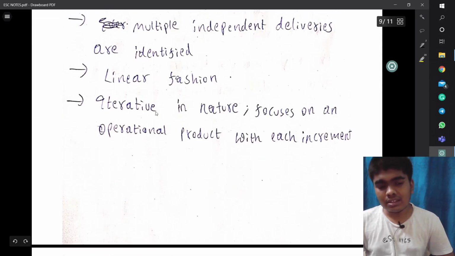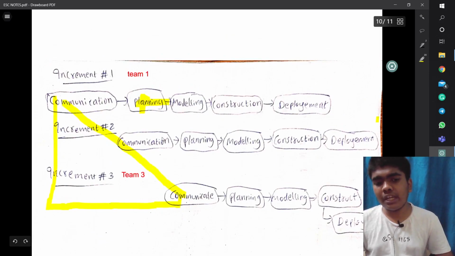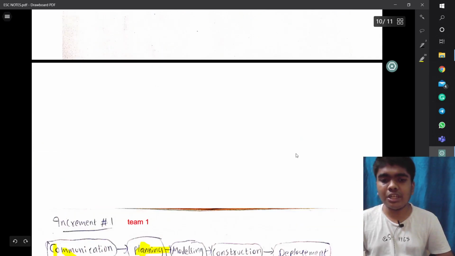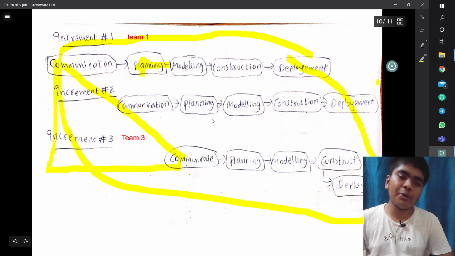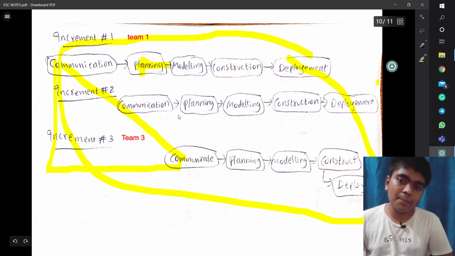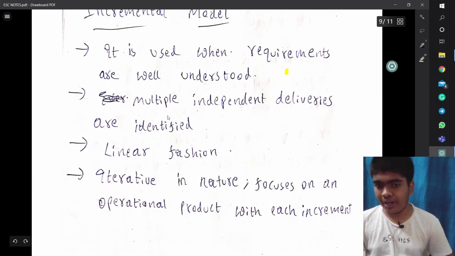So, iterative in nature: team 1 doesn't depend upon team 2, team 2 doesn't depend upon team 3. It focuses on an operational product with each increment. The whole teams are working on the same product, but they have split up the work. 3 teams are working on the same product but with different goals.